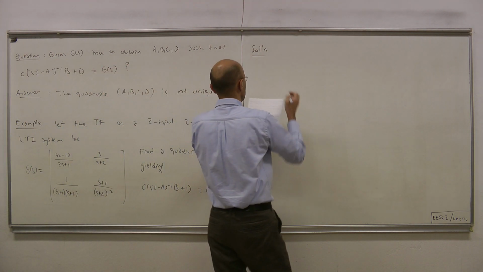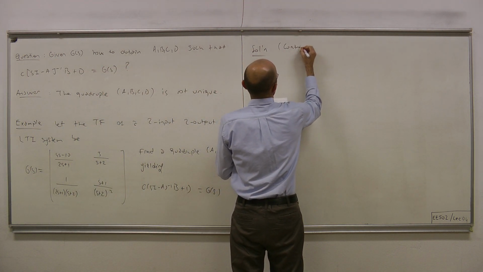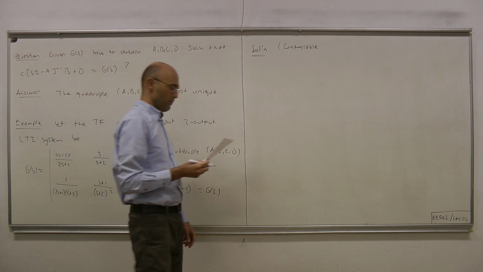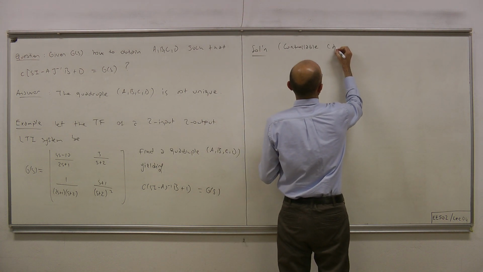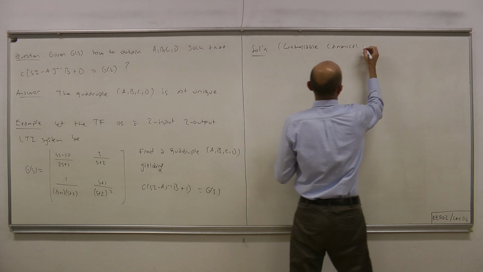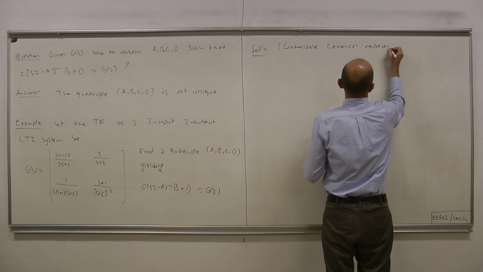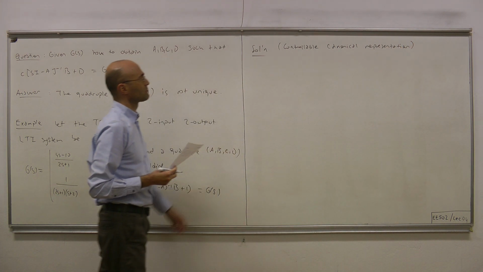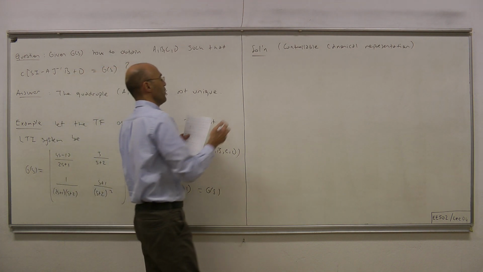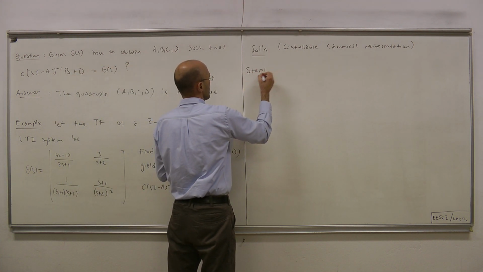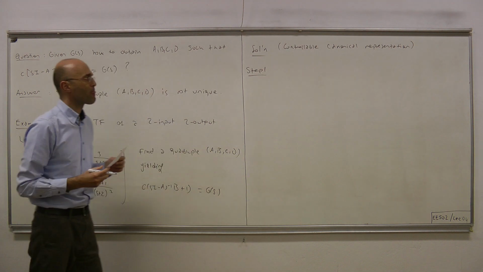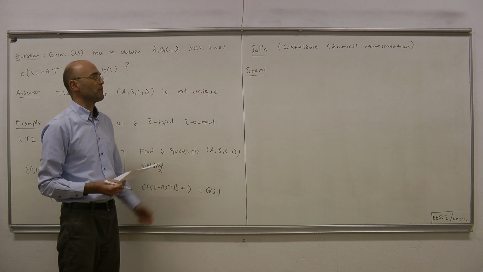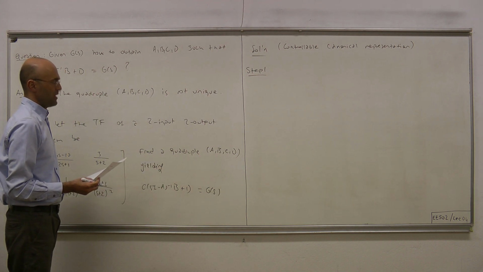And this method is sometimes called the method for obtaining the controllable canonical form, or canonical representation. Okay, step 1. We will try to obtain or construct a solution through some simple steps.